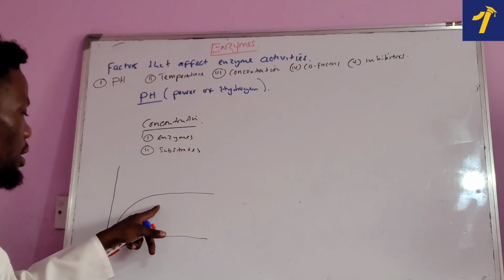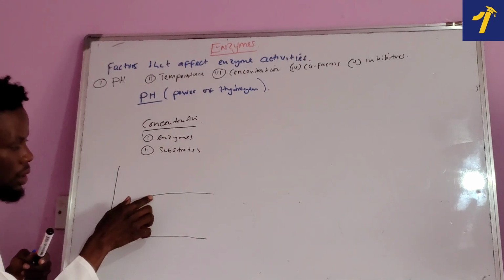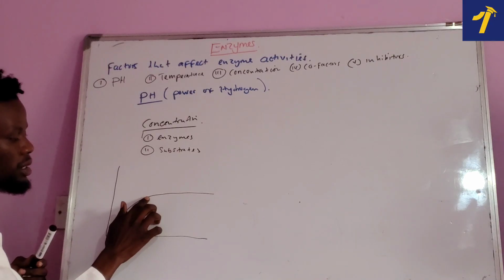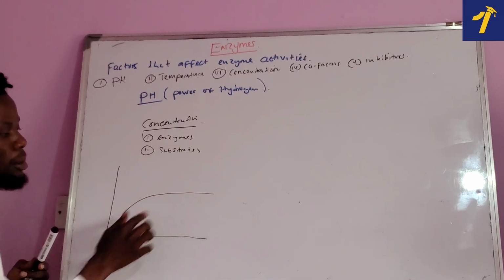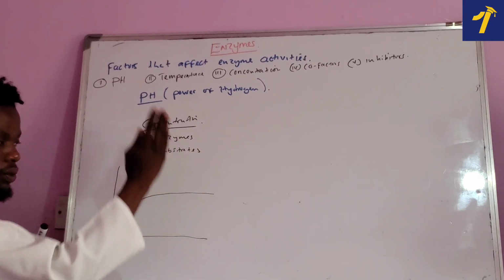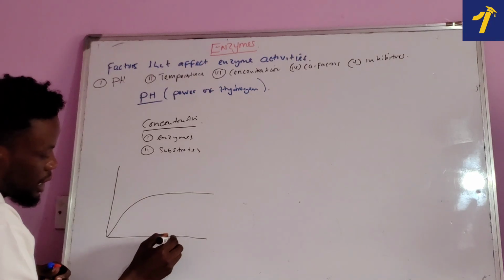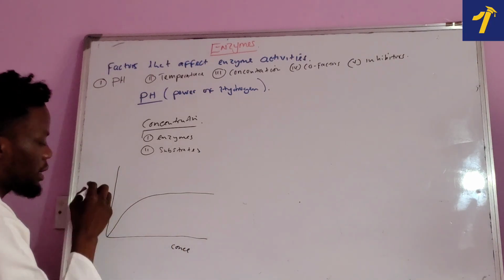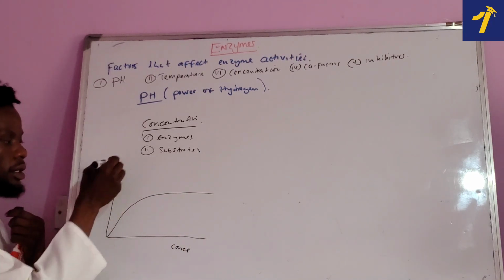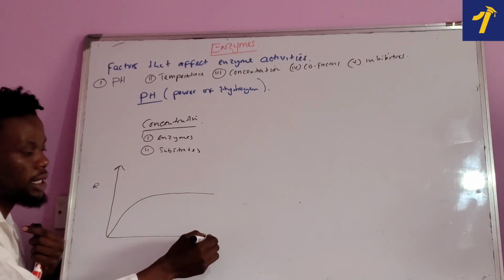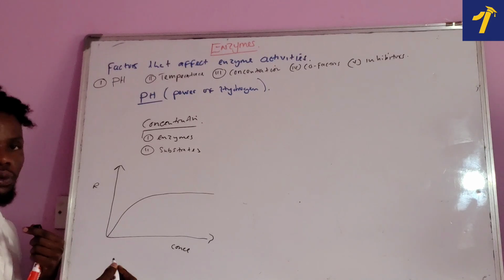As you can see, the graph is somehow constant after a certain level. We need to understand what it means when it reaches this constant part. It doesn't go down, it doesn't go up, but it's constant on the same number. On the y-axis is the rate of enzyme activity, and on the x-axis you can find the concentration of either enzymes or substrate.